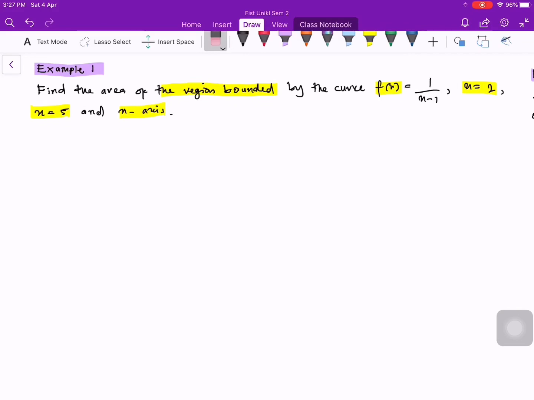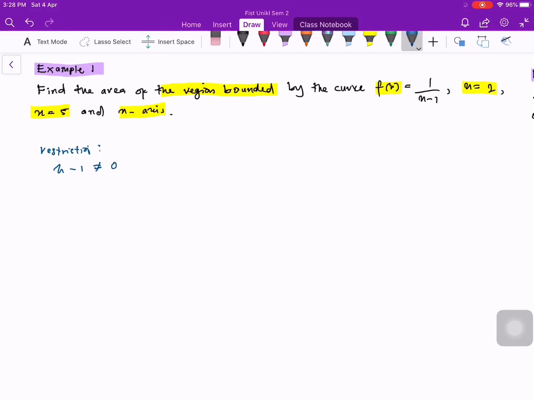So we know that f(x) equals 1 over x minus 1 is a reciprocal graph. For a reciprocal graph, we are going to have a restriction, if students still remember. The restriction is that x minus 1 cannot be equal to 0.